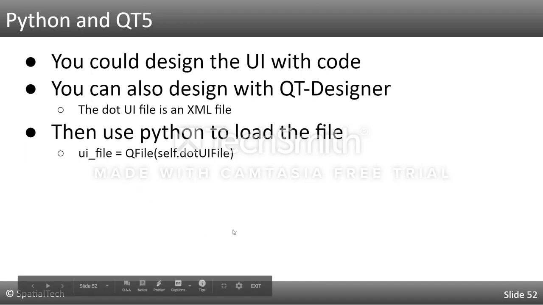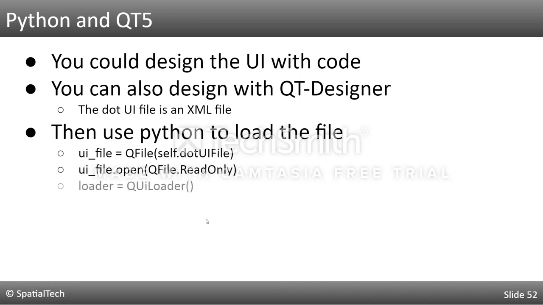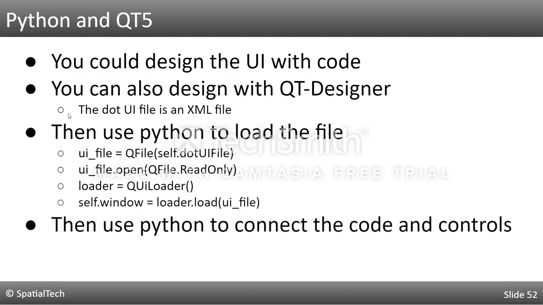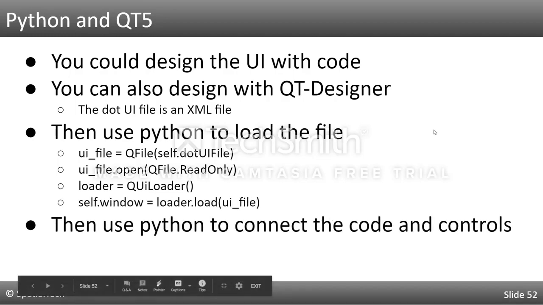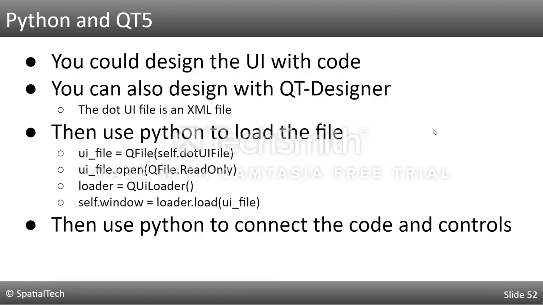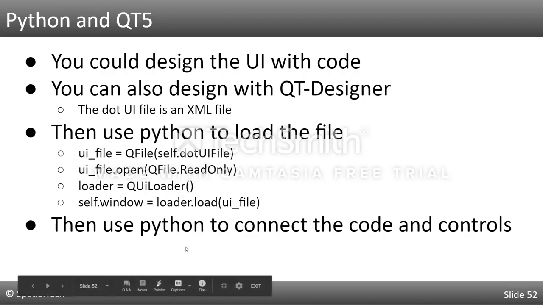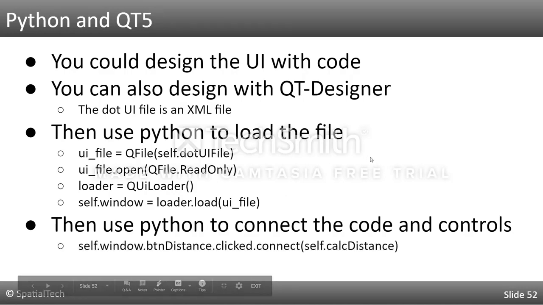It's called an inflater on Android, right? Open it up, load it, right? And then use Python to connect to the controls. And so then Python becomes the language of the controller, right? Design the interface in XML, usually a few lines to load it in and hook it up. And then when someone clicks on a button, your code in Python gets run, right?